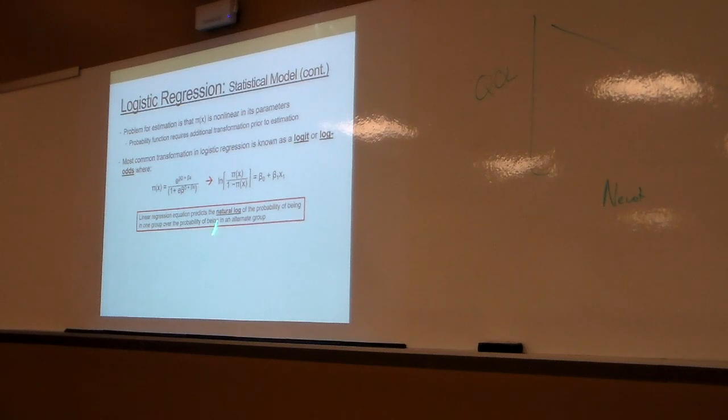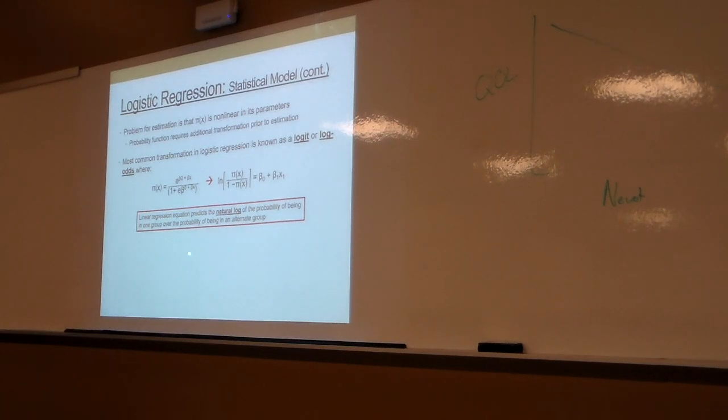This is what we want to predict: the probability of our outcome is equal to base E to the power of our linear function over 1 plus base E to the power of our linear function.